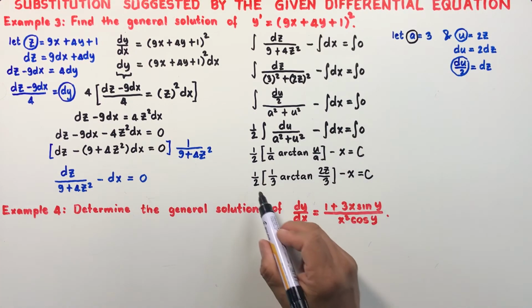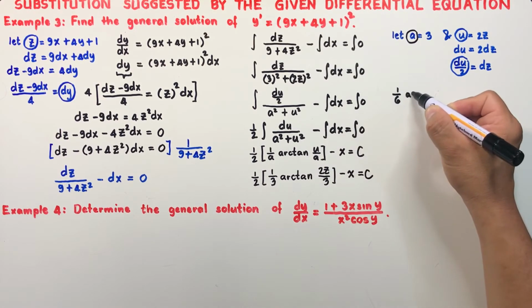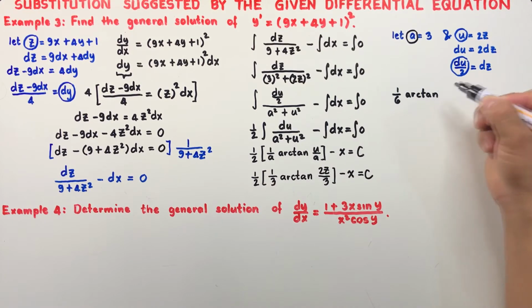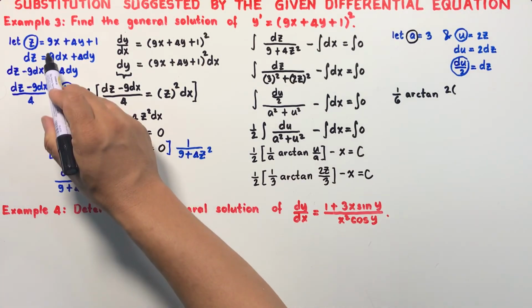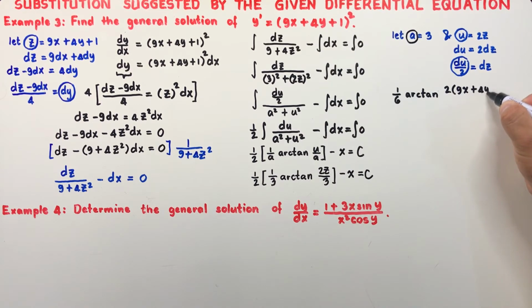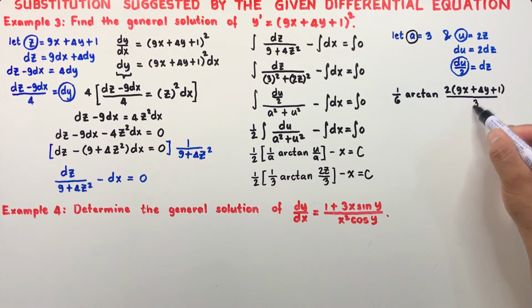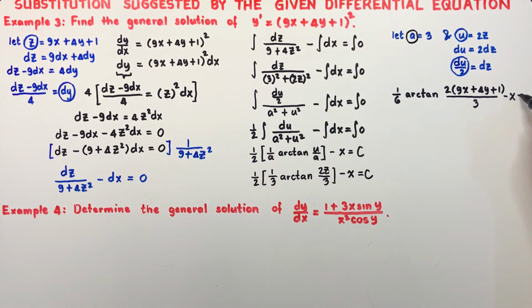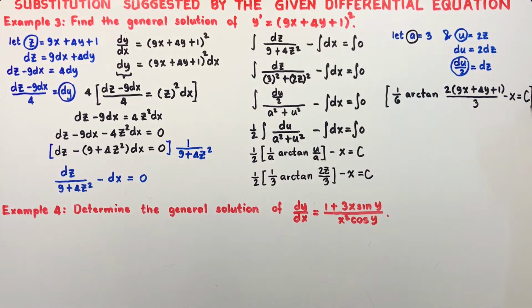And multiplying this 1/2 to this 1/3, we have 1/6 times the arctangent of 2 times the z, and our representation for the z is this one, which is 9x plus 4y plus 1, and this is divided by 3 minus x, which is equal to the constant of integration c. And removing this 6 in the denominator, we can do that by multiplying both sides of the equation by 6.